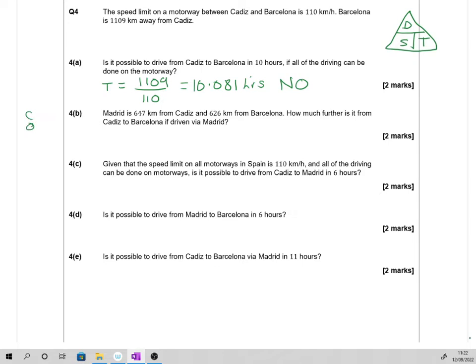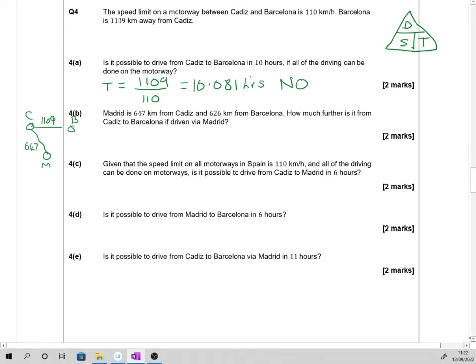Cadiz to Barcelona is 1109. Madrid from Cadiz is 647, and then 626.